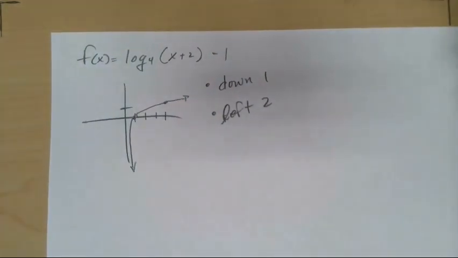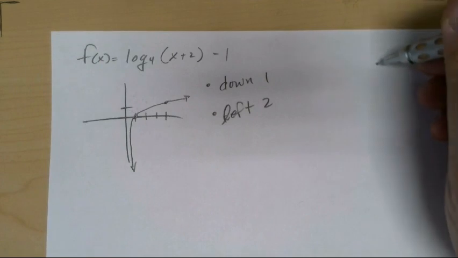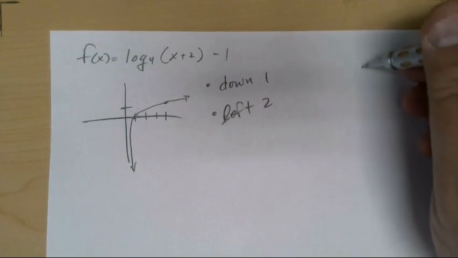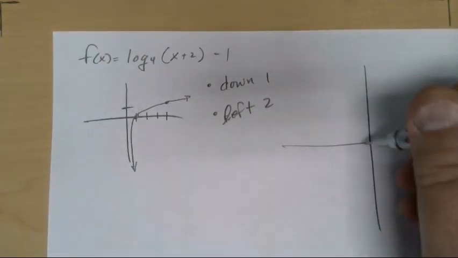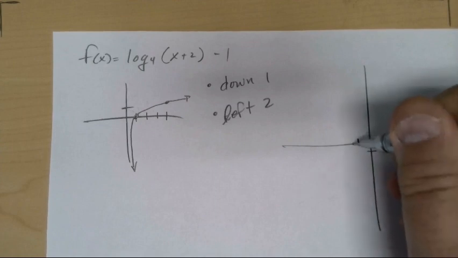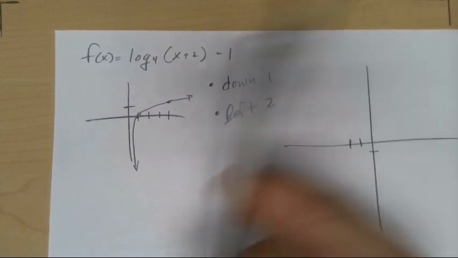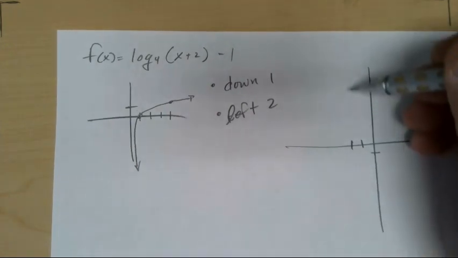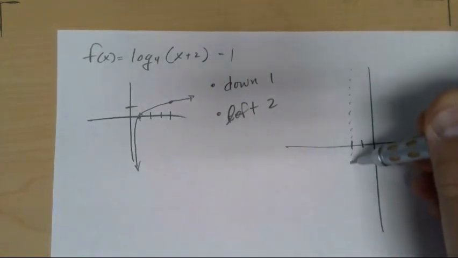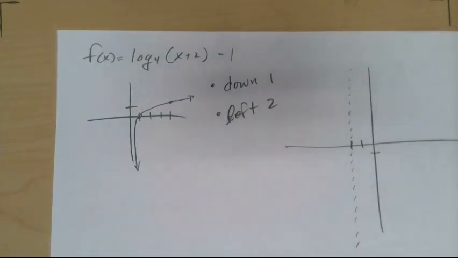Even if you're not quite sure of your parent function, you do that. Now, if I take that down 1, left 2, this has a vertical asymptote right there.